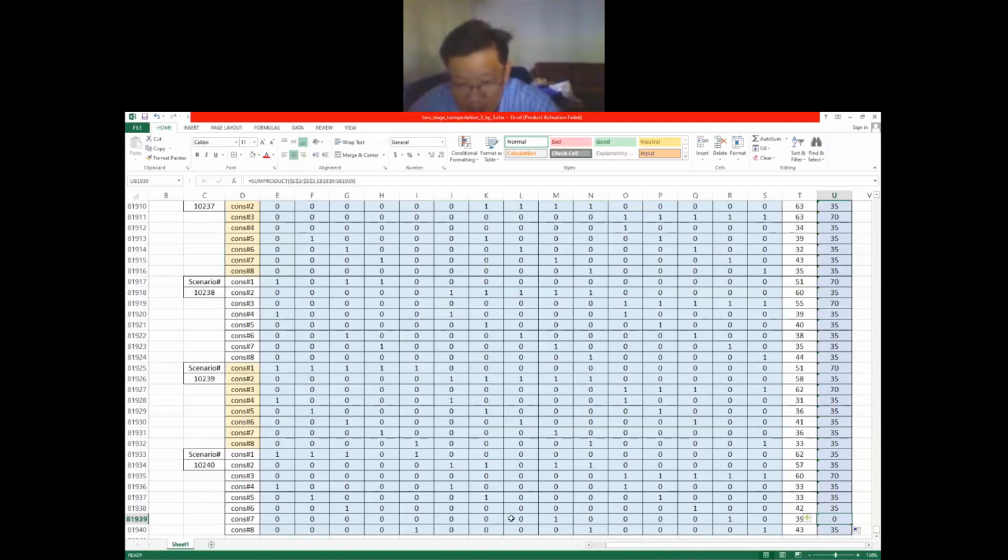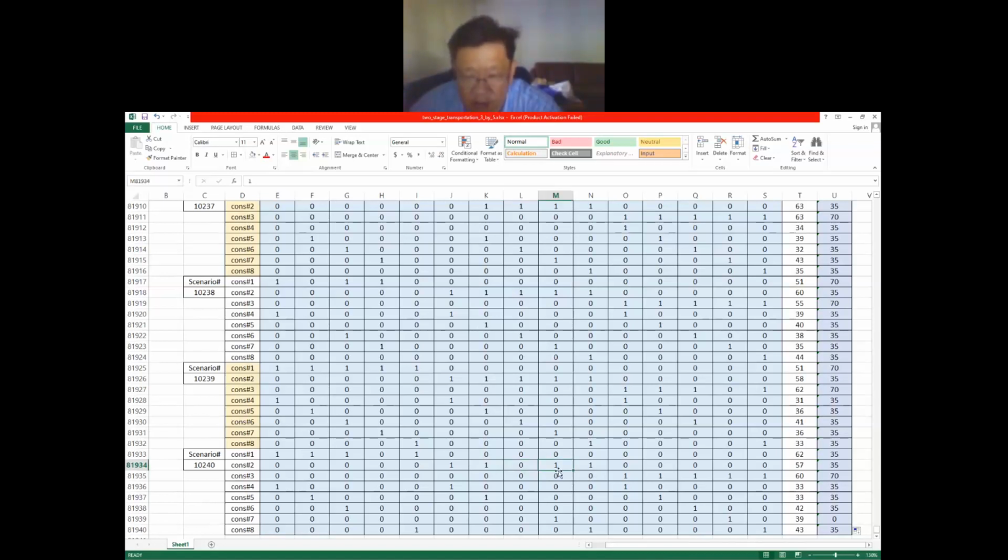Because why? Look at the scenario that is generated. This is customer 1 2 3 0 here, customer number 4 no, 1 2 3 4, customer 4 no. For the third warehouse, 1 1 2, this one 1 2 3 4 5, 1 2 3 4.